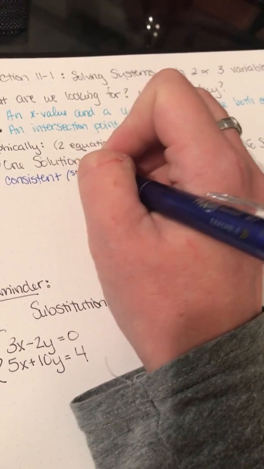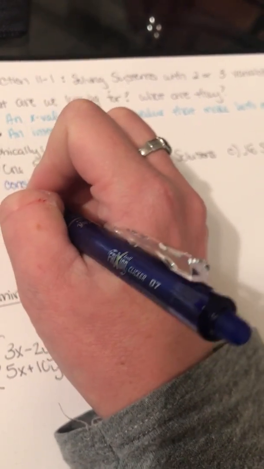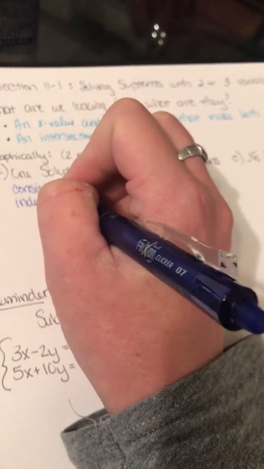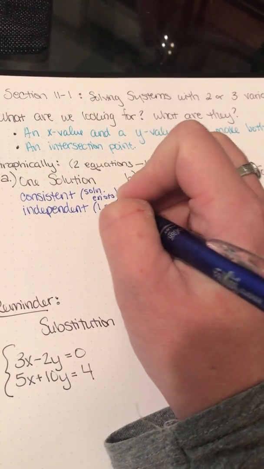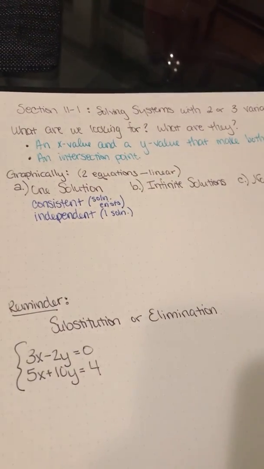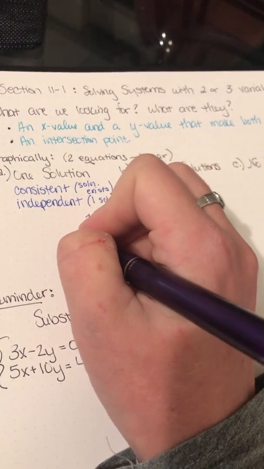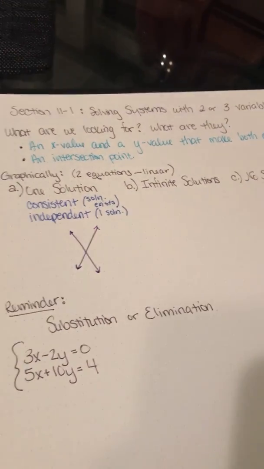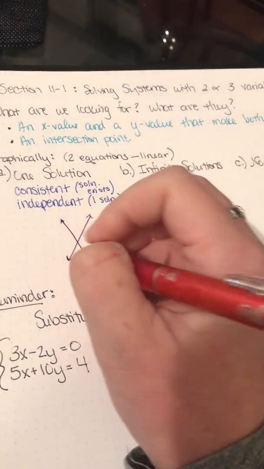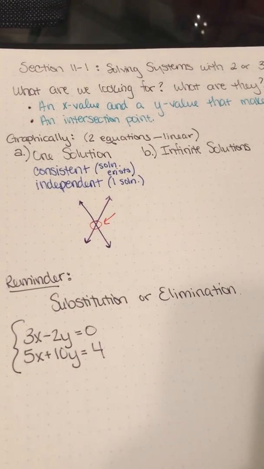And it's independent because it's one solution. Okay, so that's the difference. What does that look like on a graph? If I had 2 lines, and then lo and behold, ta-da, they intersect at one point. Okay, there's one intersection point.